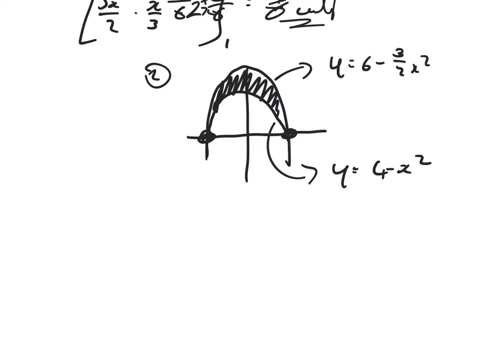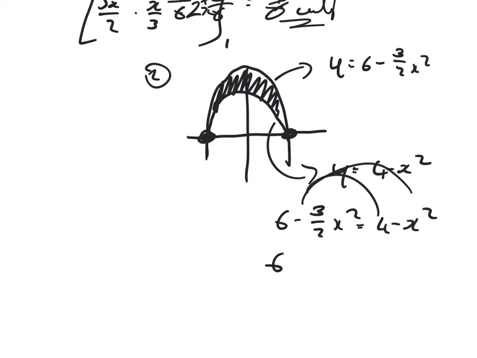Okay, let's first of all get our limits by making y equal to y. So 6 minus 3 halves x squared is equal to 4 minus x squared. Okay, so that's 6 minus 3/2 x squared plus x squared minus 4 is equal to 0.